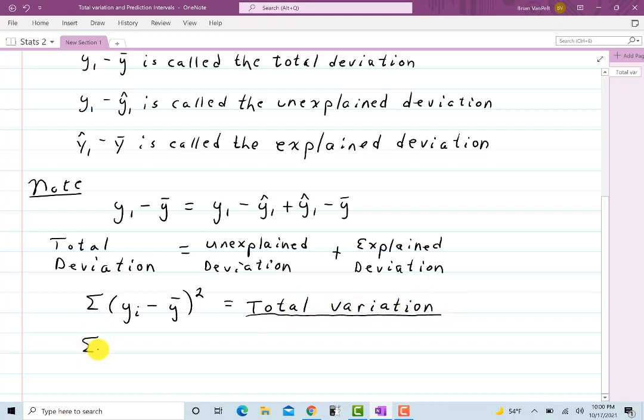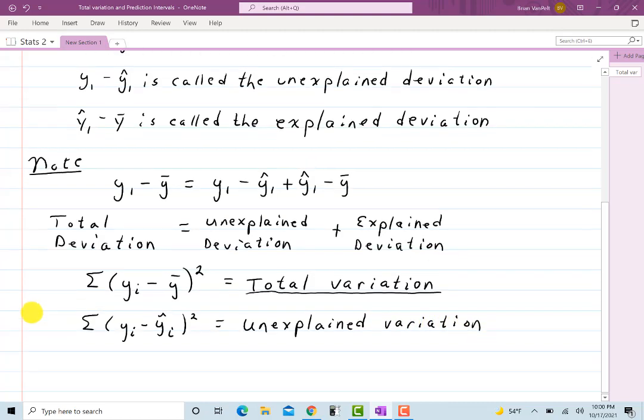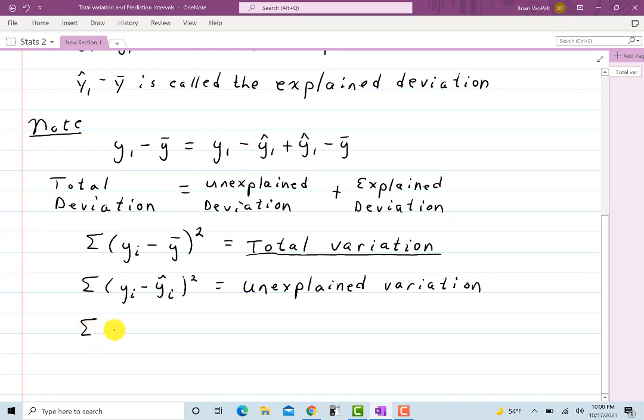And then similarly, if I do yi minus yi hat, square those, that'll be the unexplained variation. And then finally, if I sum up all of the yi hat minus y bars squared, that is the explained variation.